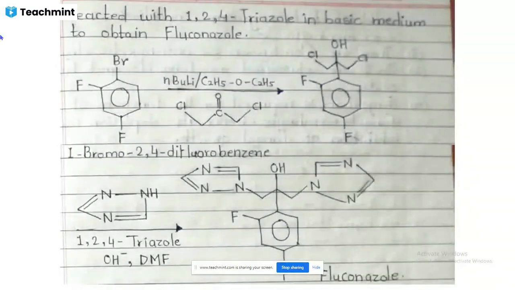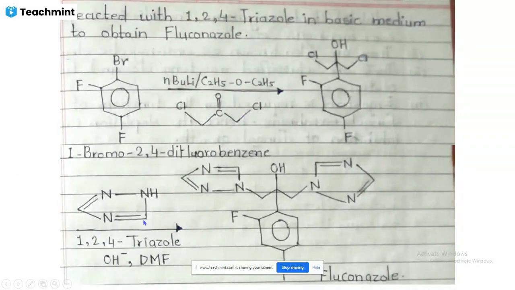Then it is reacted with 1,2,4 triazole in basic medium to obtain fluconazole. So we have to draw these structures step by step: first step, second step, and the final step. In the final step, we replace the chlorine atoms with 1,2,4 triazole.